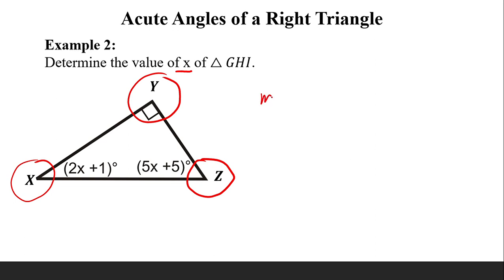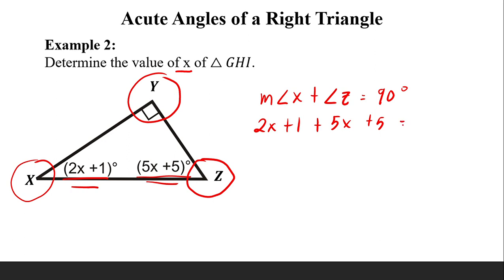If we add the two acute angles, angle X plus angle Z, that is equal to 90 degrees. Measure of angle X is 2x plus 1, plus measure of angle Z, 5x plus 5, equal to 90 degrees.